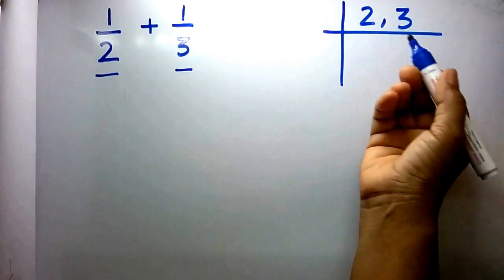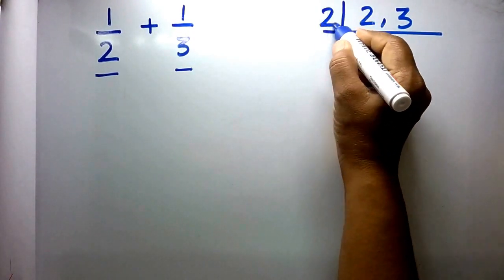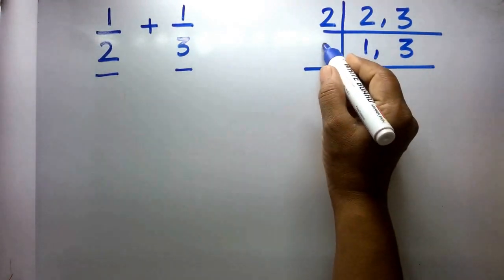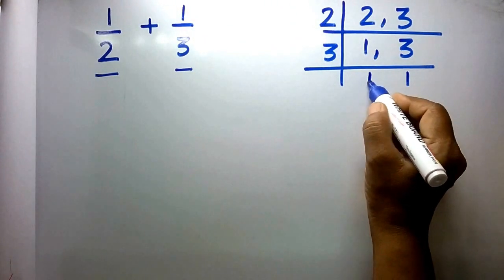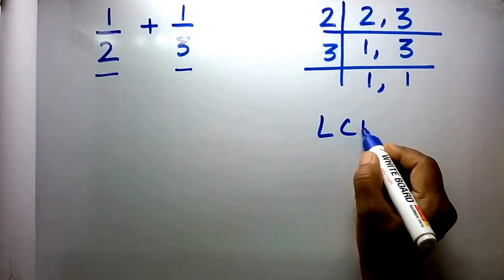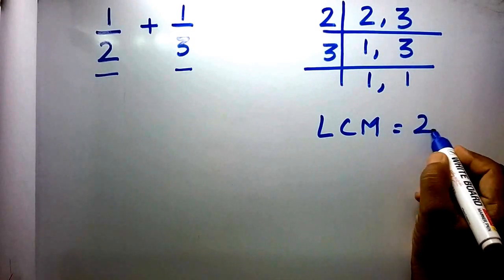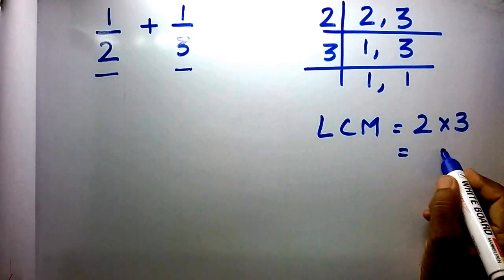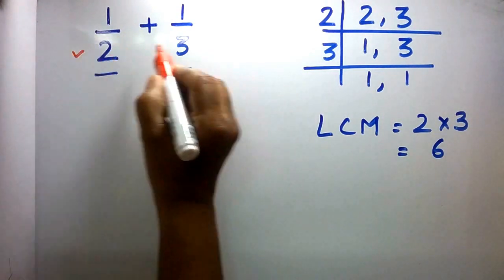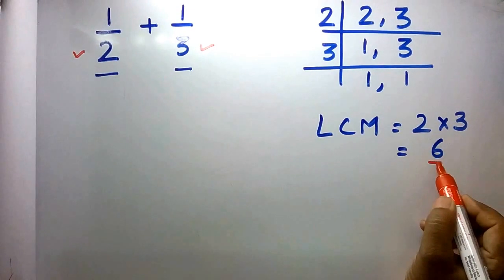Both of them come in different tables. So 2 ones are 2, leave 3 as it is. Then 3 ones are 3. So altogether the LCM of 2 and 3 is 2 into 3, that is 6. That means we have to change both denominators into 6.